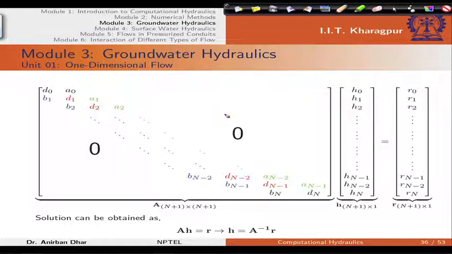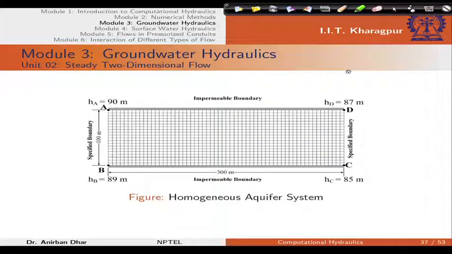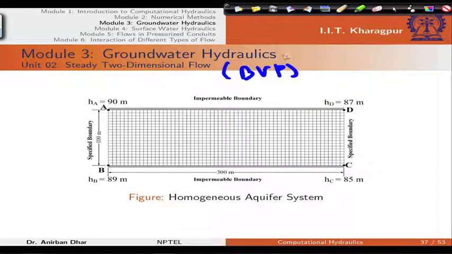In one dimensional flow we utilized Gauss elimination and our tridiagonal matrix structure for solution of the problem. In unit number 2 we discussed the steady two dimensional flow of groundwater, and we solved the boundary value problem or BVP.